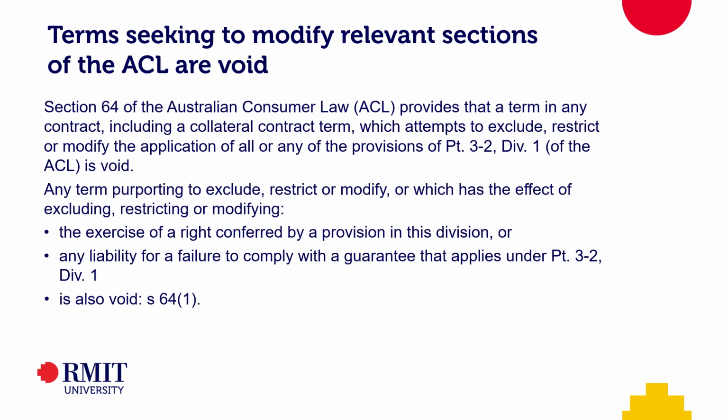Section 64 is the one that provides that any term in any contract, including a term of a collateral contract, which attempts to exclude, restrict or modify the application of the relevant parts of the Australian Consumer Law will be void. The recording will be available tomorrow morning, but we spoke a bit about collateral contracts in the tute last night.